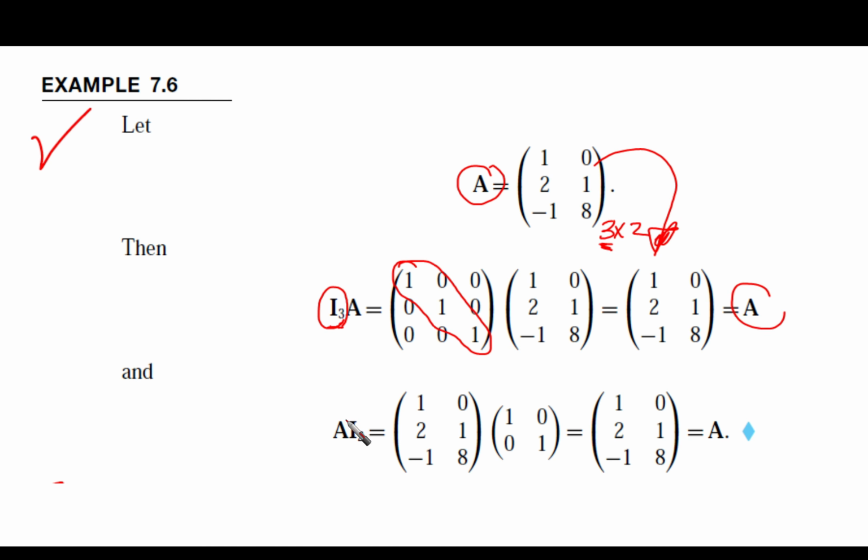And if you multiply from the right by I_2, why I_2 here? It is the number of columns of the original matrix.